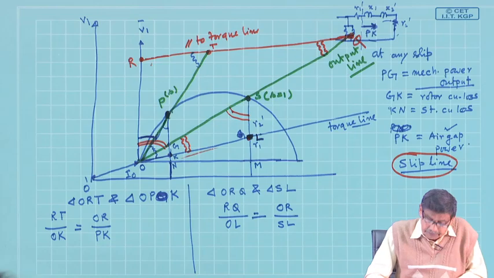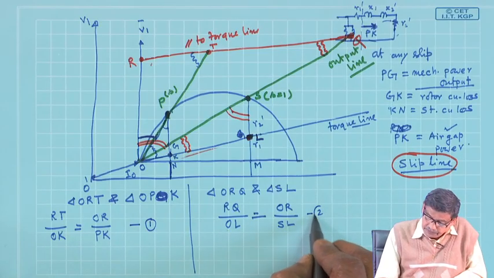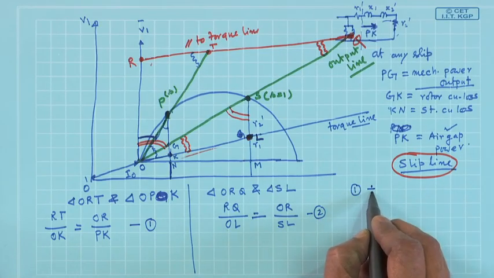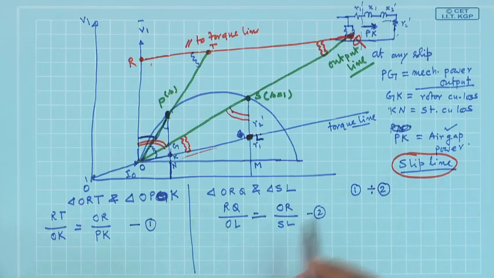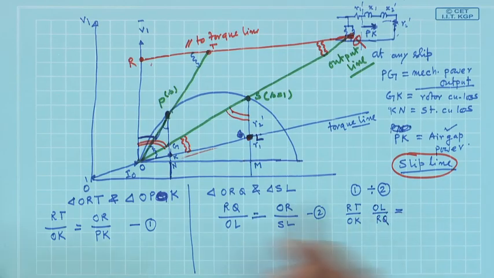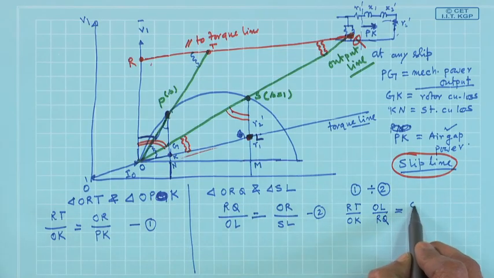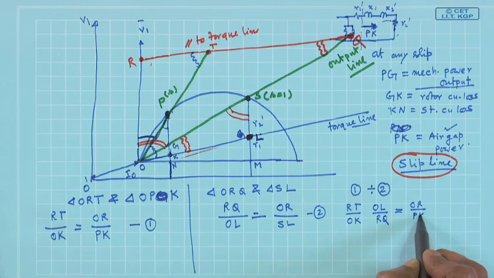These two triangles are also similar triangles. Now, what you do, you divide this equation 1 by this equation 2. If you do, the left hand side will be RT by OK divided by RQ by OL, and the right hand side will be OR by PK into SL by OR.